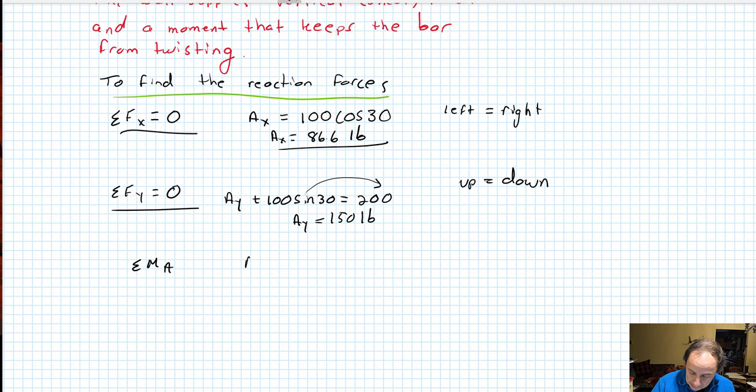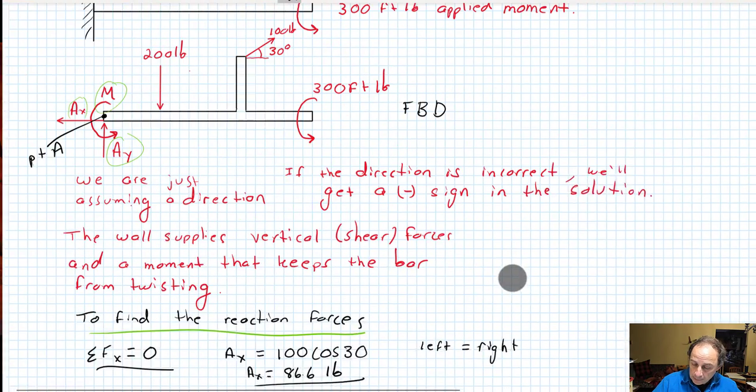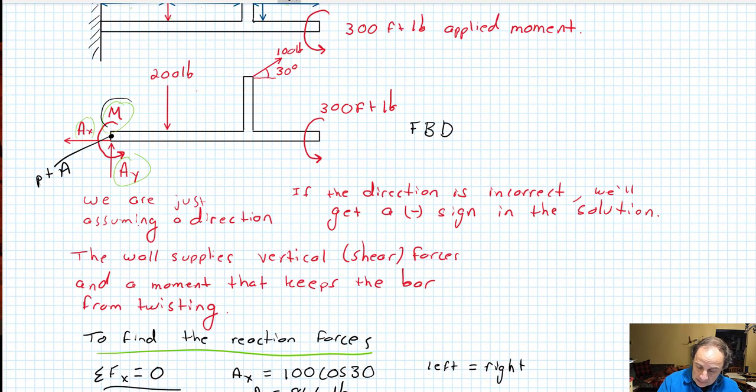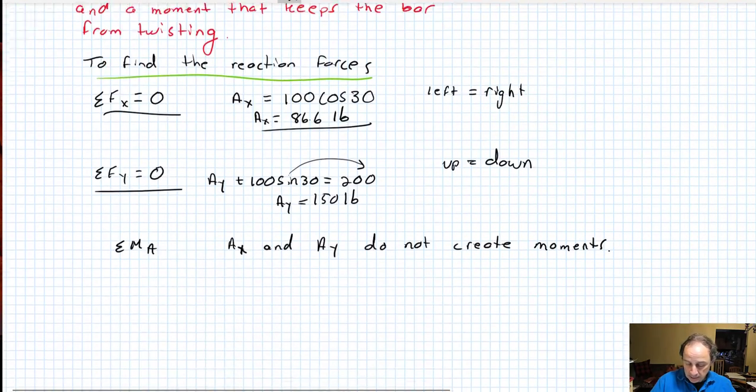So AX and AY do not create moments. But the M here that we put in does not drop out. That moment is a moment. It's not a force going through there. Somehow a moment is being applied.